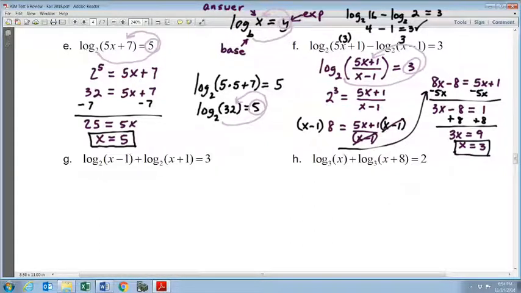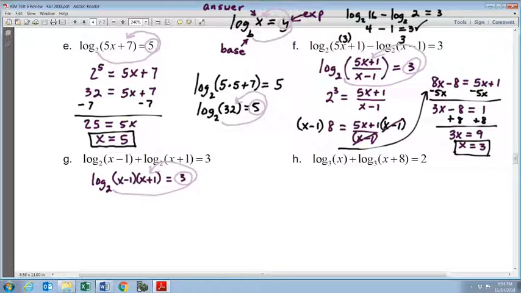All right, on letter G, notice we have a sum of logs, so we'll use the product rule. So the log base 2 of x minus 1 times x plus 1 is equal to 3. Again, we're going to have to go around the world here. 2 to the 3rd power equals x minus 1 times x plus 1.